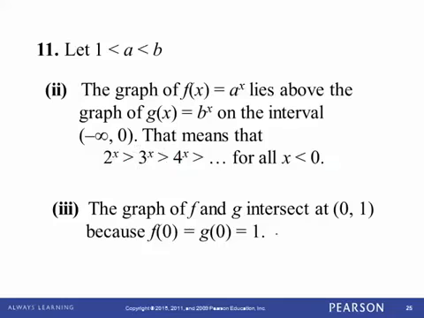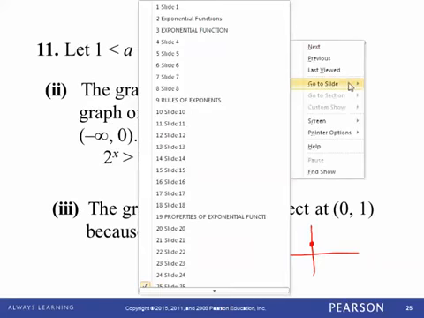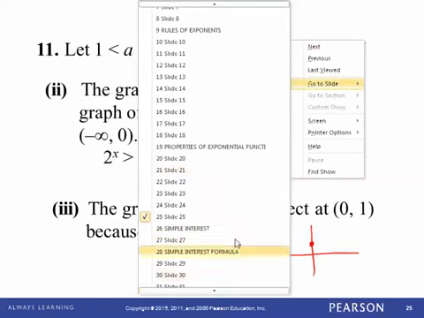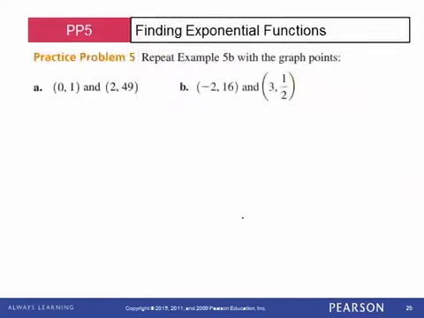Alright, and then the important point that always is here is (0, 1). That's where it's going to intersect the y-axis. Okay. Alright, so let me skip around just a little bit here just to go a little faster. Let me see if this is right. Let's go backwards now.